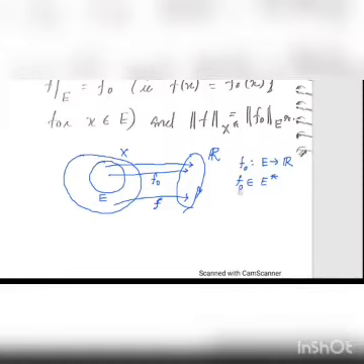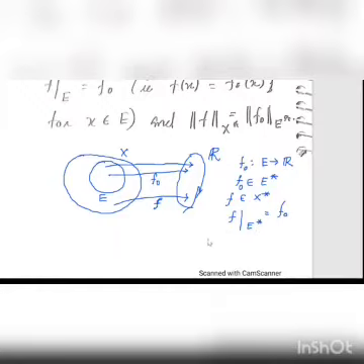Now this can be extended to an f from X to R, that means this f belongs to X star, in such a way that f restricted to E is equal to f naught.